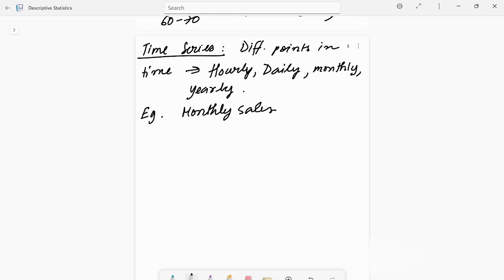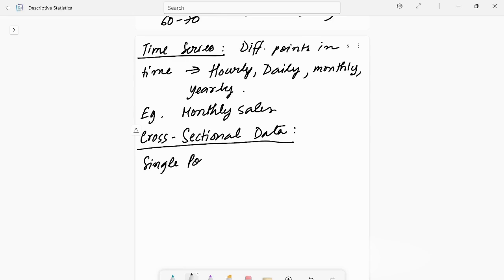Now coming to our next topic, which is cross-sectional data. It is collected at a single point in time, across different units. The source will be different. Getting it, right?